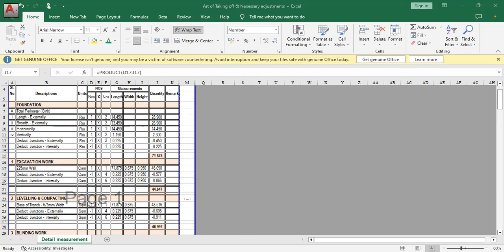However, when we do the excavation for the length along the north axis, we do the length of 14.45 by width of 675.